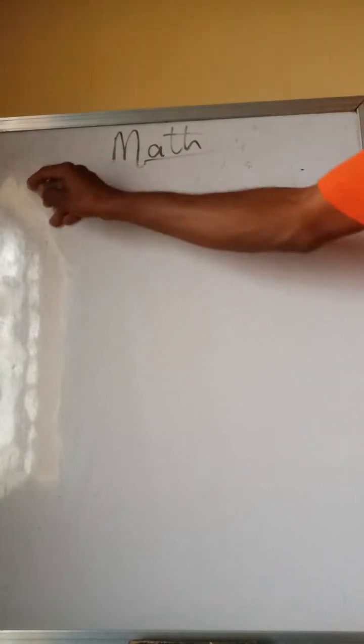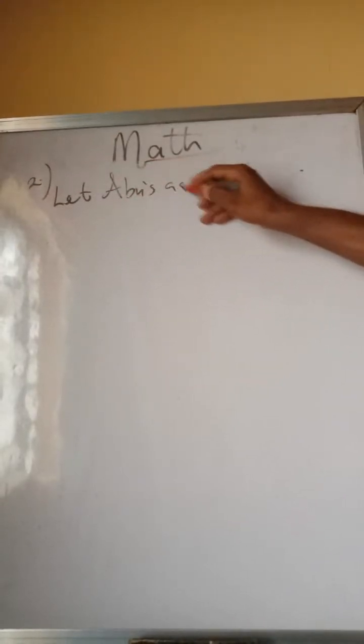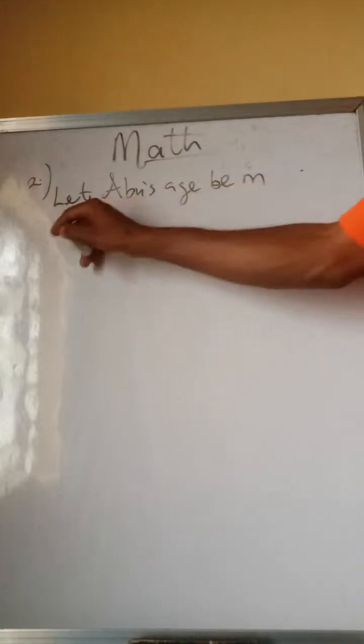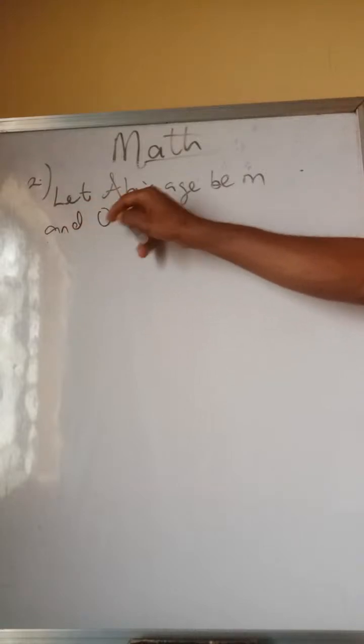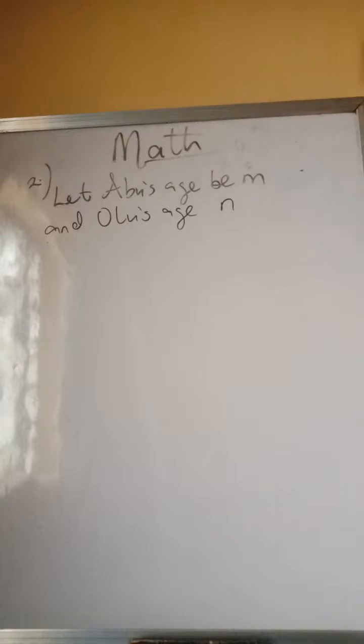This is number 2. Let Abu's age be M and Olu's age N.